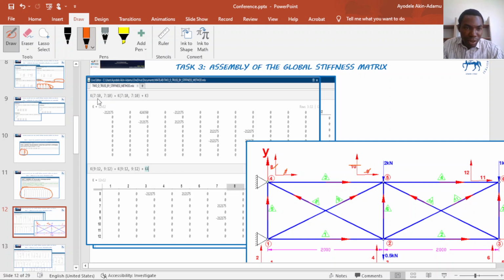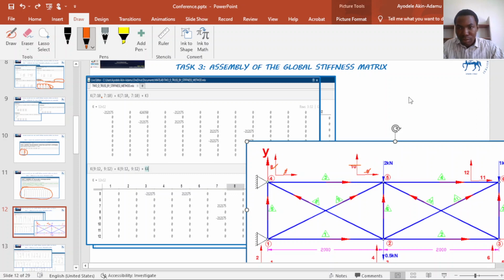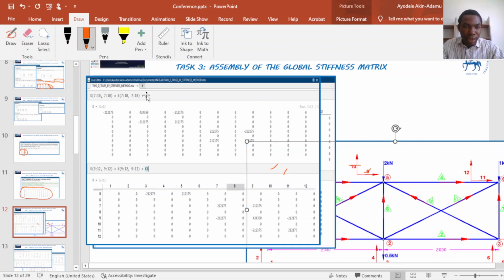So that's why the number here is 7 colon 10. 7 colon 10 means from 7 to 10 along the row, comma 7 colon 10 along the column, 7, 8, 9, 10, adding K3 to it. Writing the code in this manner, K3 will be added to the 0 matrix.